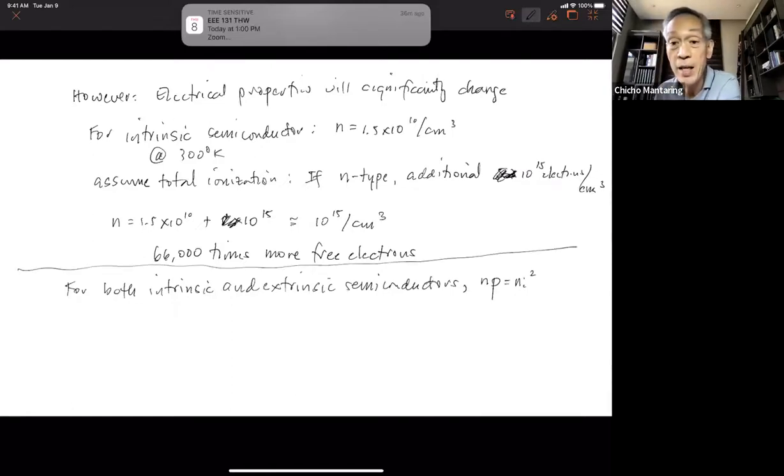The product of N and P is equal to Ni squared. This is what is called the mass action law.